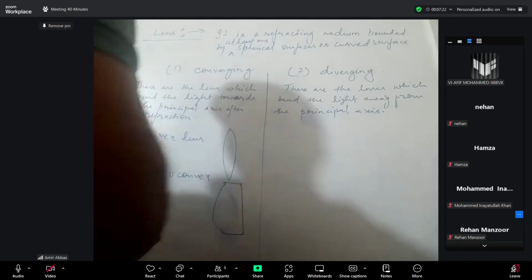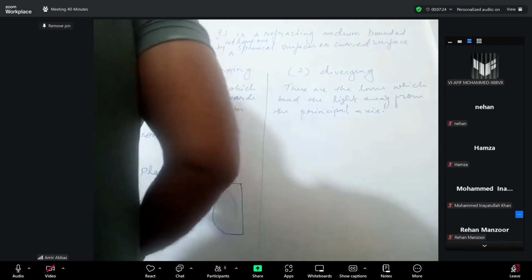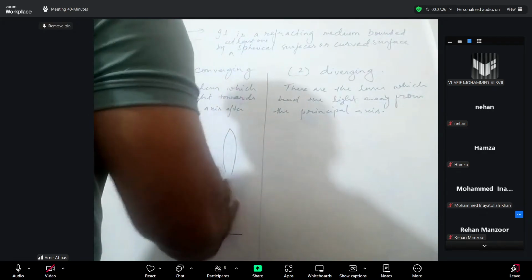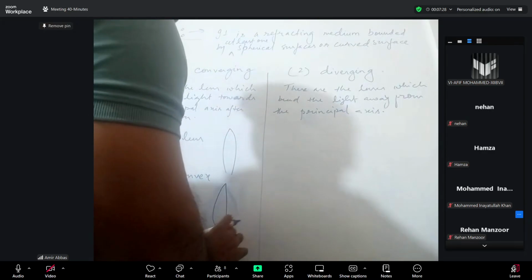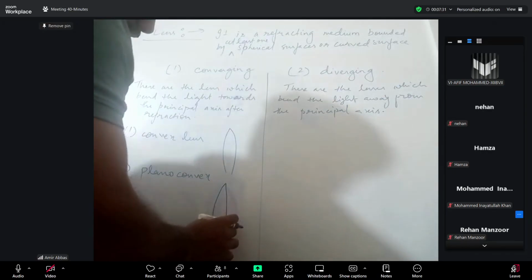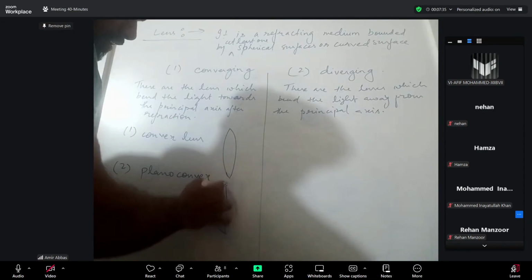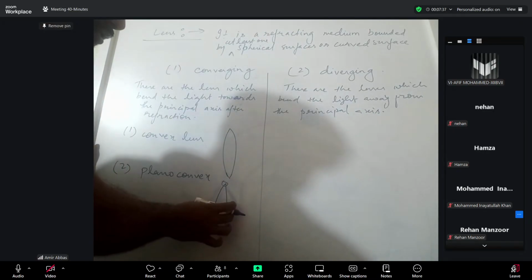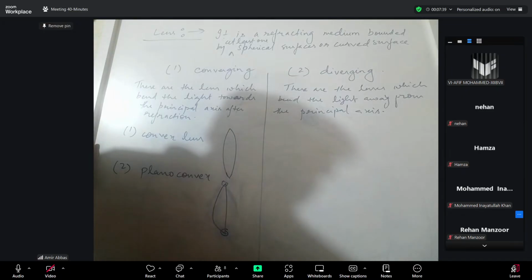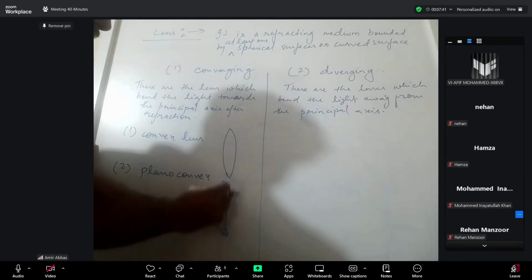It is thin at the edges and also bulges, and one side is flat. Okay.